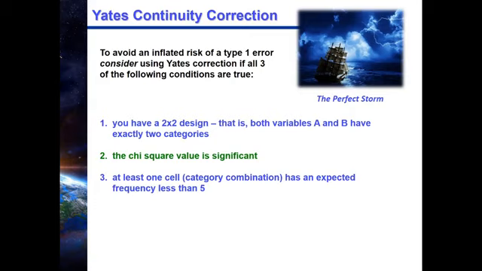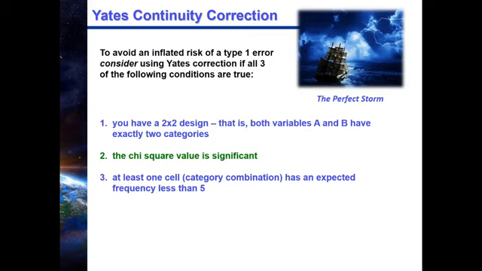And right underneath the table, if you look in the fine print, it'll tell you how many cells, percentage-wise, have an expected frequency less than 5. And if it says 0, then you don't even need to consider using this correction at all, right? Because you have to have the perfect storm. All 3 of these elements must be true before you would even consider using this correction.